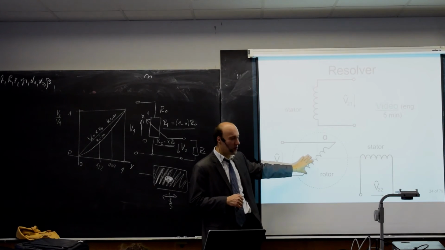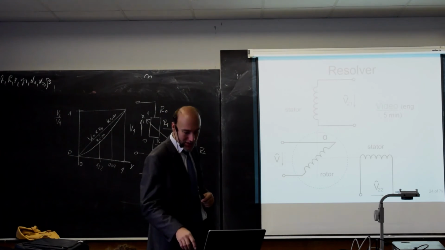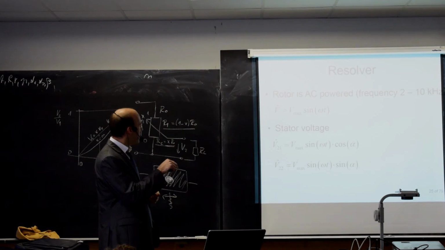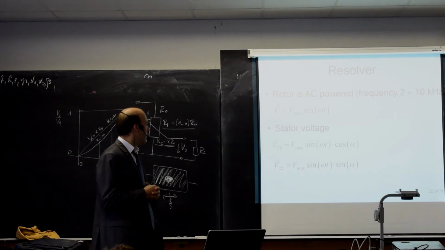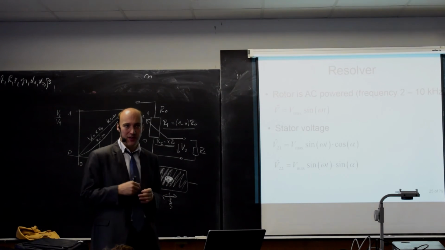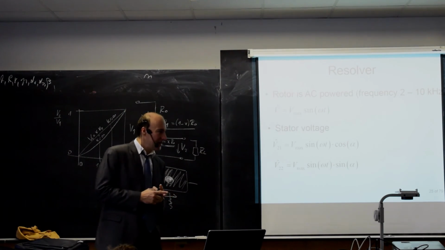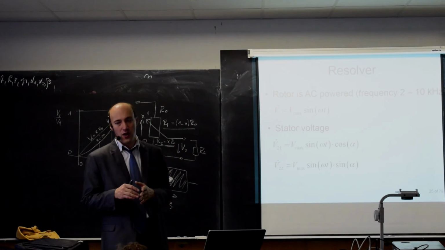For the input voltage, we can write that this is a harmonic function, a sinusoidal dependence. So the power supply voltage is some amplitude, let's call that Vmax, times sin(omega t). The typical frequency that is used for resolvers is somewhere between 2 and 10 kilohertz.